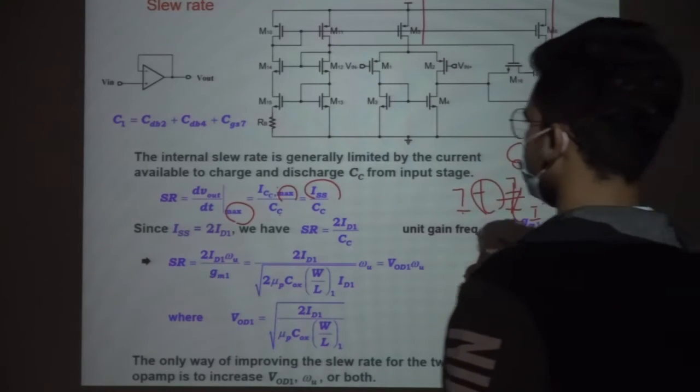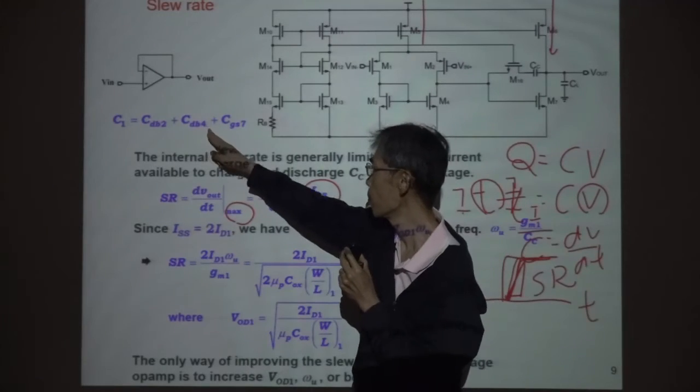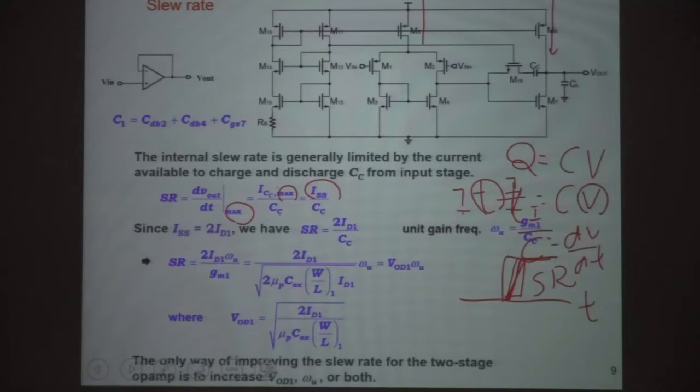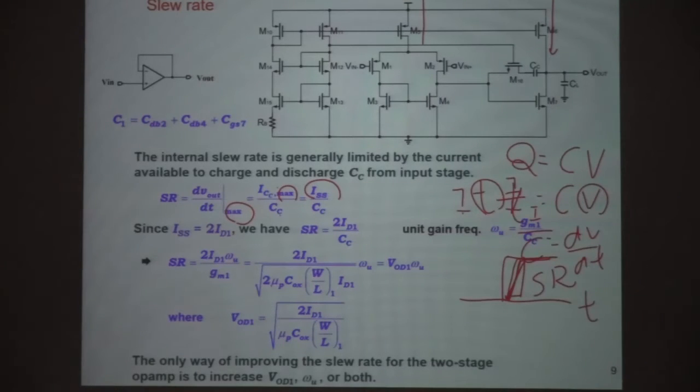C1 is total capacitance. CDB2, CDB4, and CGS7. Draw them. Okay, go back. I will ask him to draw CDB2, CDB4, and CGS7 on the circuit. Yeah, just draw.